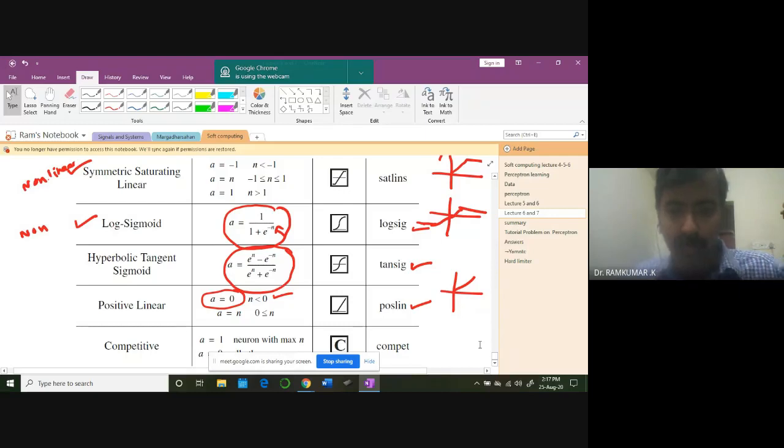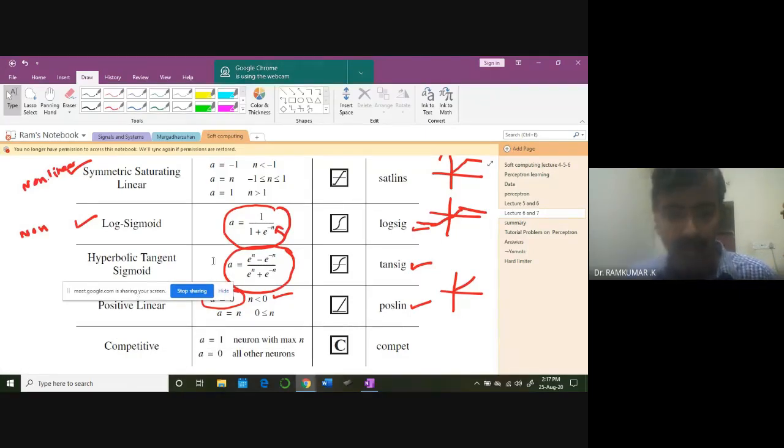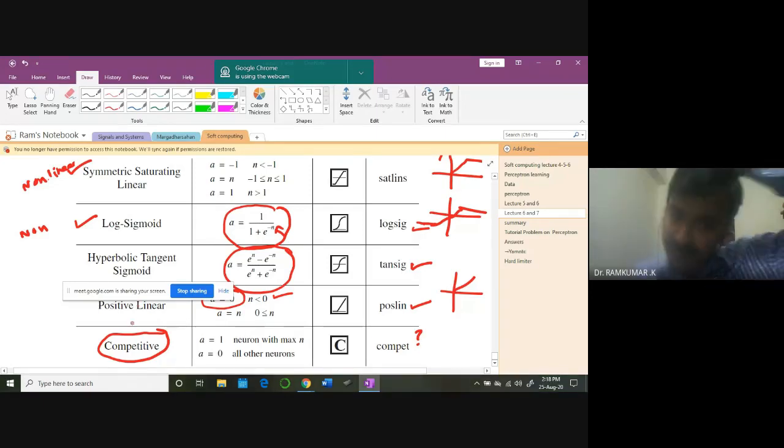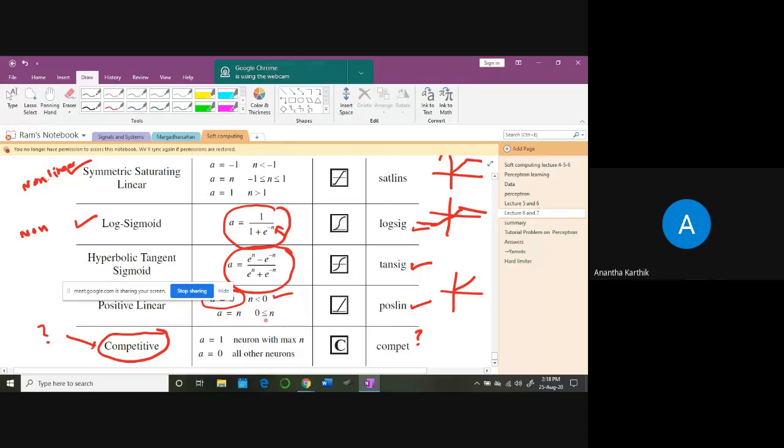One more neural network is something called the competitive neural network. This is a very powerful idea. Competitive. What is this? Can somebody guess what is the output of this neural network? How will you get it? Any fair guess? How does this function work? Sir, the output will be an impulse function.